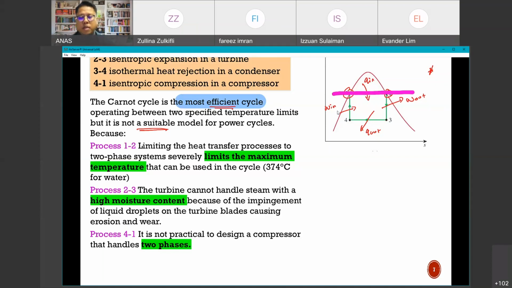So basically we limit our heat transfer process, and for this particular cycle we can get up to 374 degrees Celsius. That's the limit. When we limit the temperature that can be used, the output that can be extracted will also be less. So that's the first one.